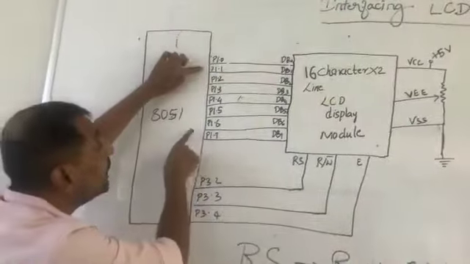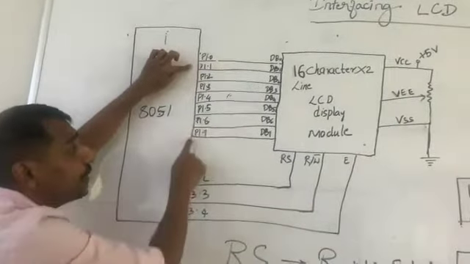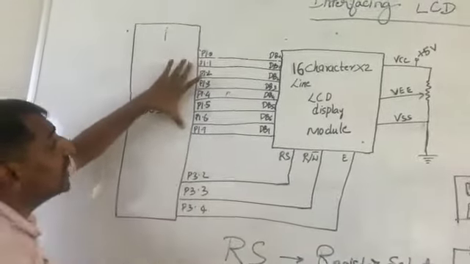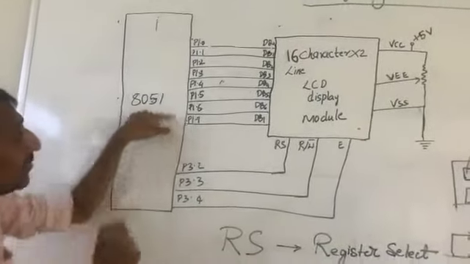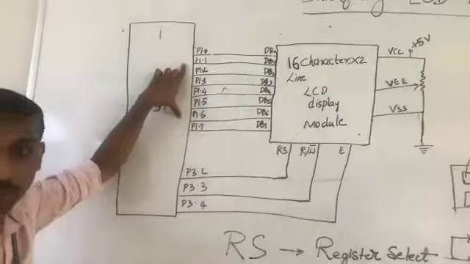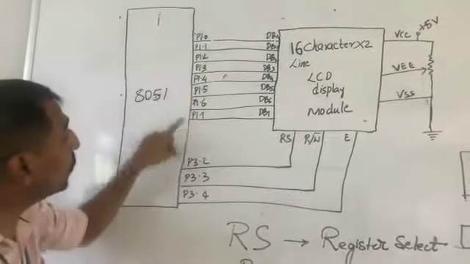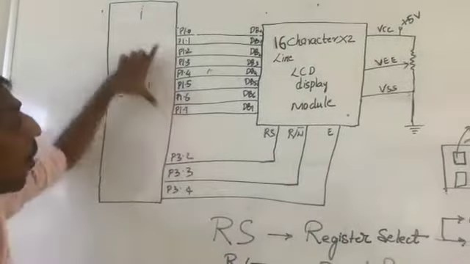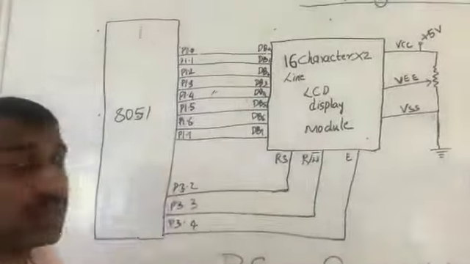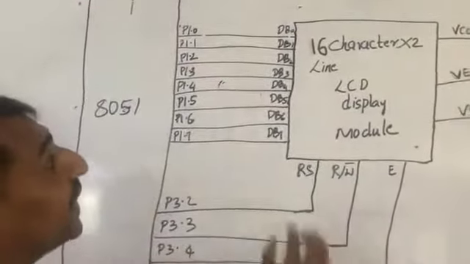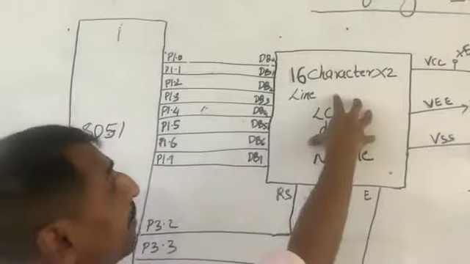Whatever it is, that data requires 8 bits, and you will have to send it through one complete port, and in this particular case we have made use of port 1, means P1.0 to P1.7. All 8 bits are used, and they are connected to the 8 bits that are there in the LCD panel.